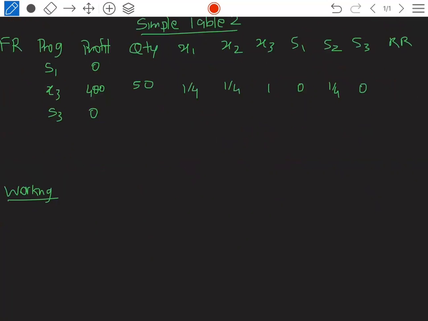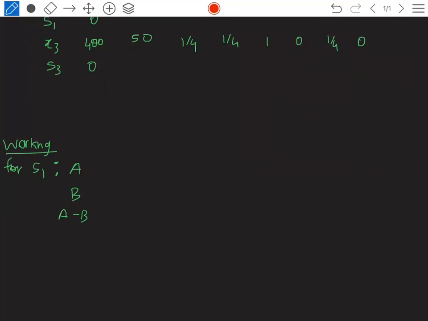This working is going to be for S1: A, B, and then A minus B. In the same way, we will have the working for S3 as A, B, and then A minus B.